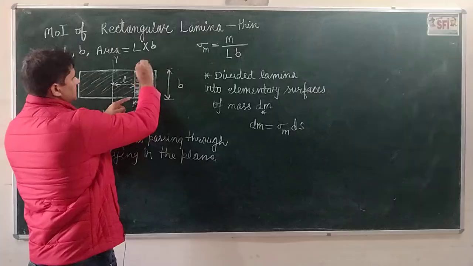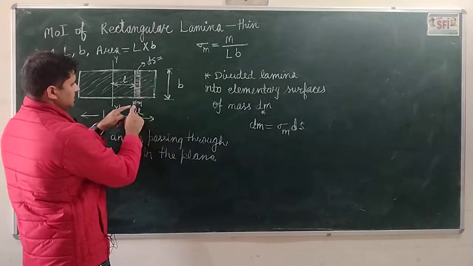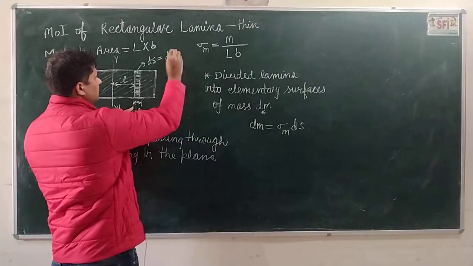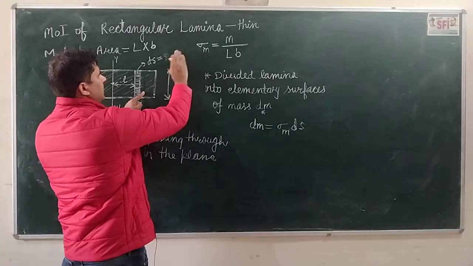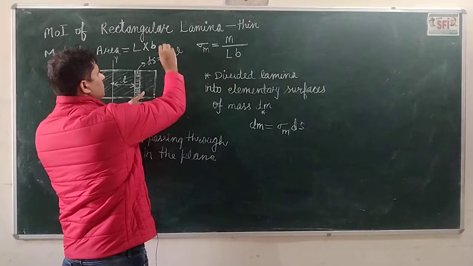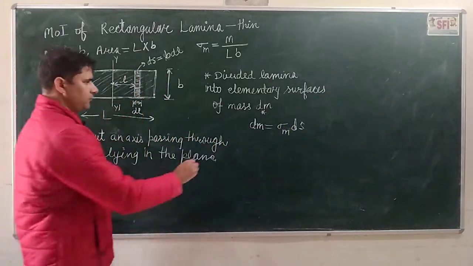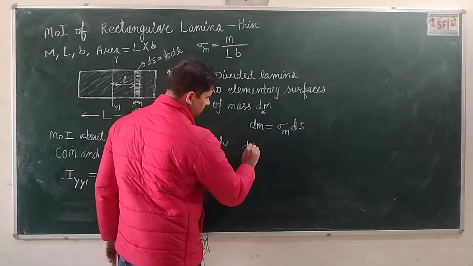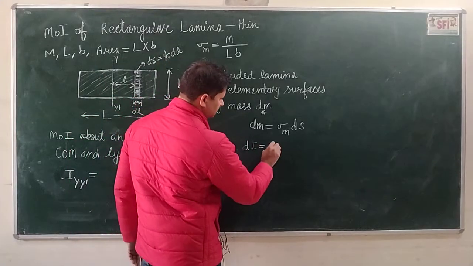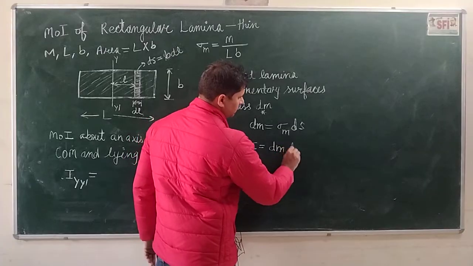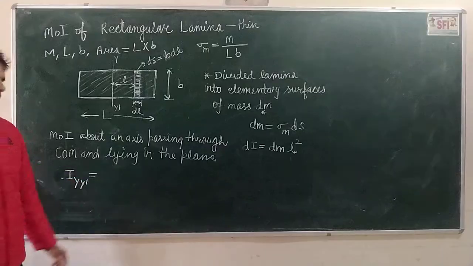The area of this surface, that is ds, you can see its length is dl and this distance is b, so I can write it as b into dl. The moment of inertia of this elementary surface will be dm into the square of the distance from the axis of rotation, which is here small l.